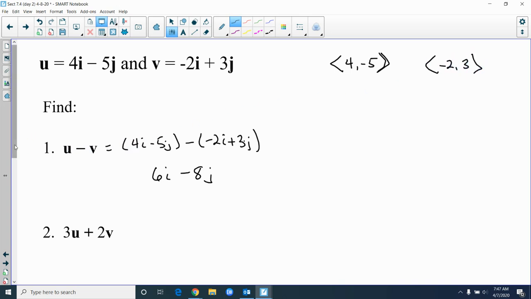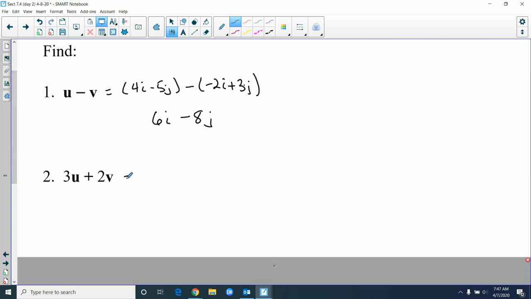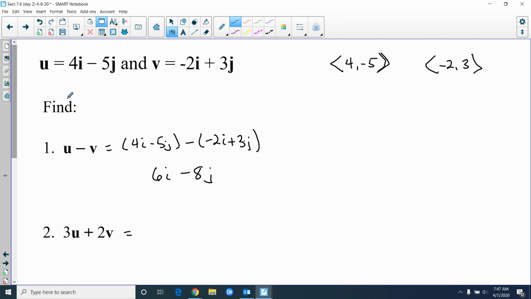They're equivalent. All right, what's 3u plus 2v? I'm still going to use the u here and the v here. So that's 3 times 4i minus 5j plus 2 times negative 2i plus 3j.